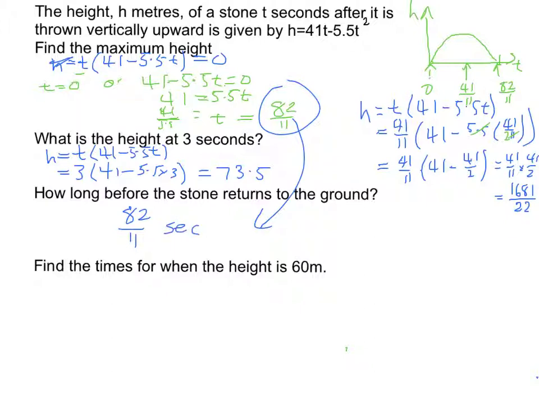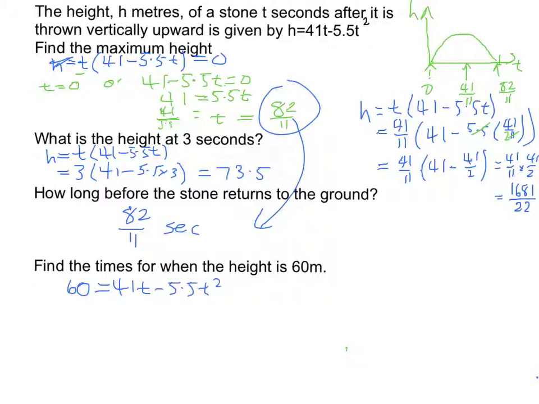Okay, and then find the times for when the height is 60 meters. So what we'll need to do with this one is we'll go back to the original equation. 41t take 5.5t squared is equal to 60. So 60 equals 41t take away 5.5t squared.